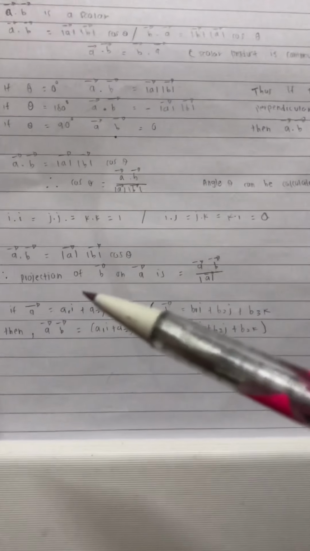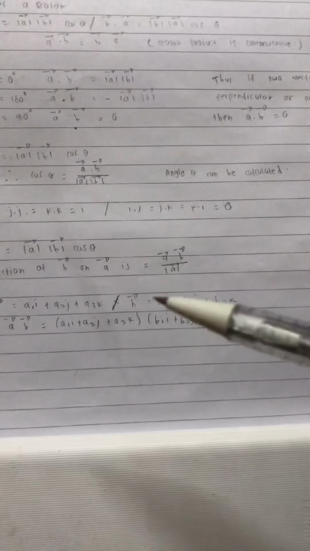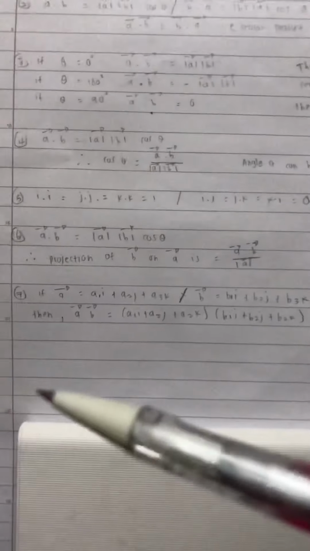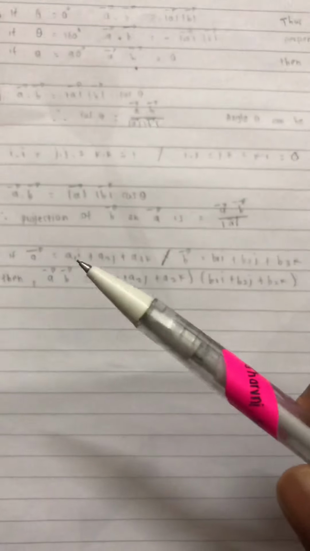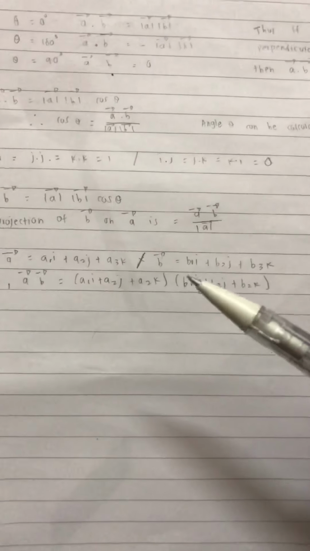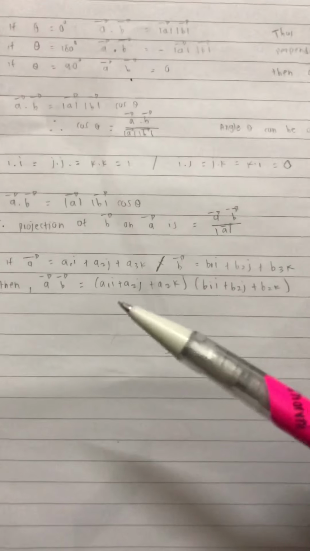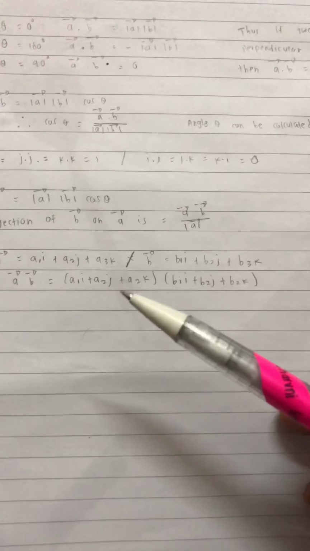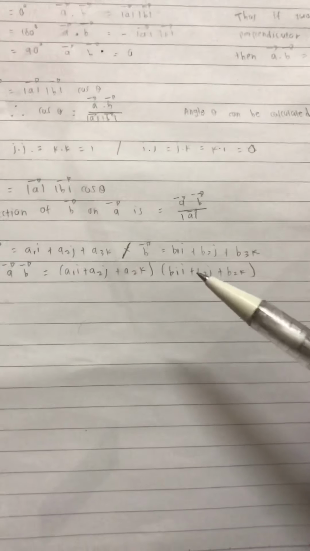Therefore, projection of vector B on vector A is equal to vector A dot vector B divided by magnitude of vector A. And the last property is, if vector A equals a1i plus a2j plus a3k and vector B equals b1i plus b2j plus b3k, then vector A dot vector B equals (a1i plus a2j plus a3k) dot (b1i plus b2j plus b3k).